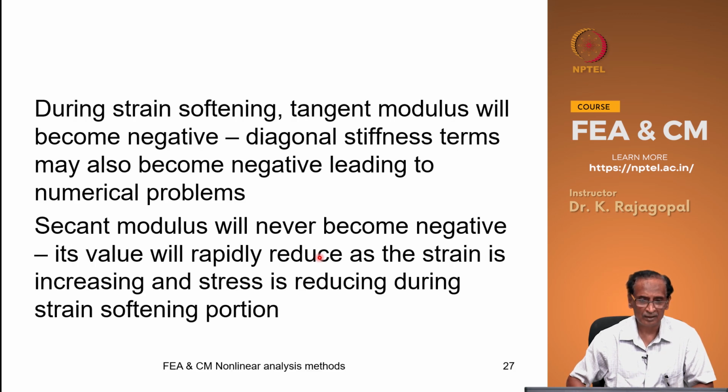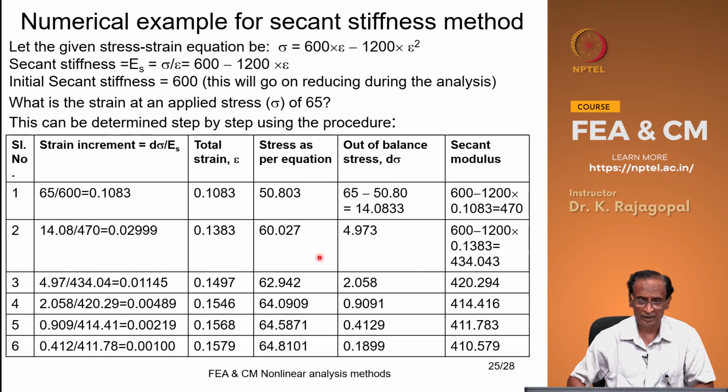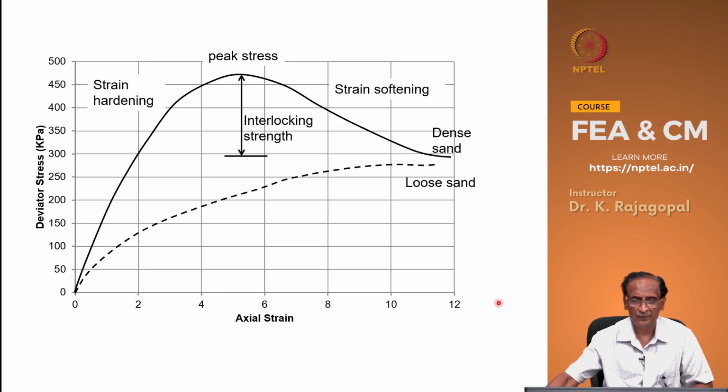The advantage with the secant stiffness procedure is that our secant modulus will never become negative. Even if you are doing this type of strain softening analysis, at each and every strain softening interval we calculate the secant modulus as the stress divided by the corresponding strain.